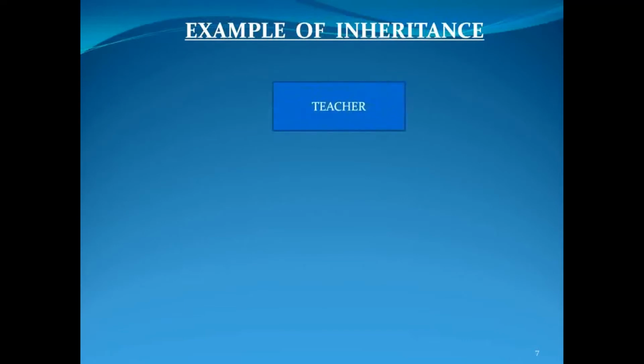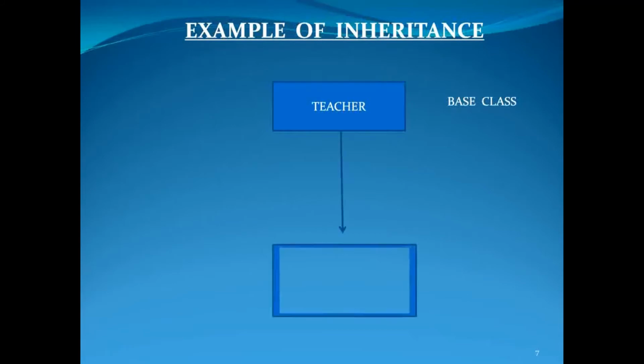Now, an example of inheritance. Here, Teacher is a class that is known as the parent class or the base class. In this diagram, ComputerTeacher is also a class, which is the derived class.